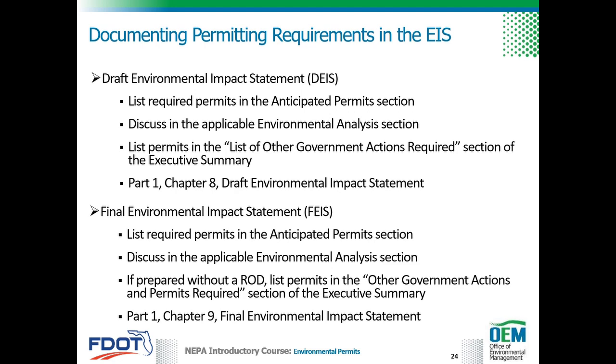In the rare chance that a final environmental impact statement, or FEIS, is prepared separately from the Record of Decision, or ROD, they are also listed in the executive summary in a subsection titled Other Government Actions and Permits Required. For RODs, the ROD replaces the executive summary. For more information on documentation in an FEIS or ROD, see Part 1, Chapter 9 of the PD&E Manual.